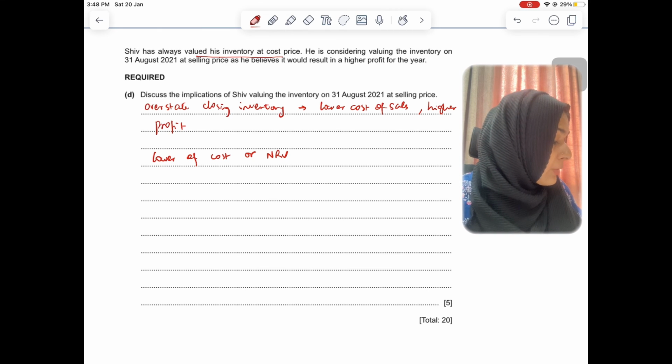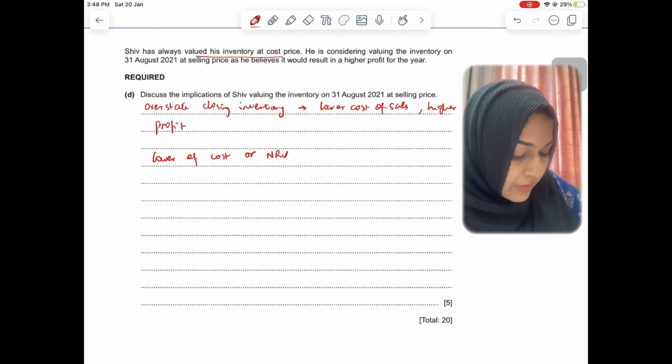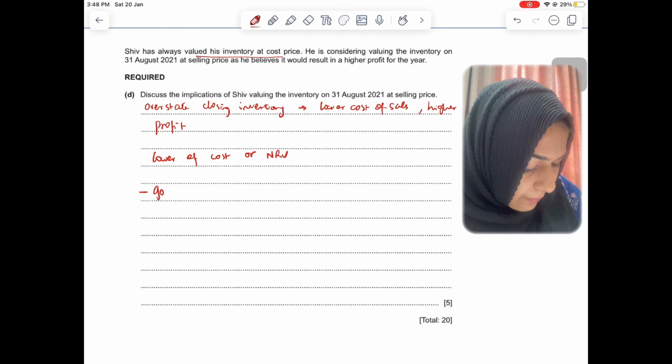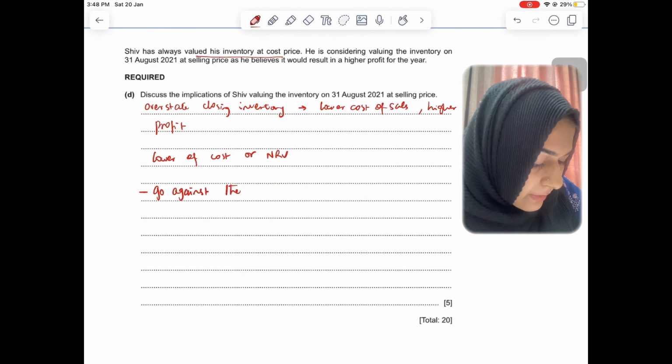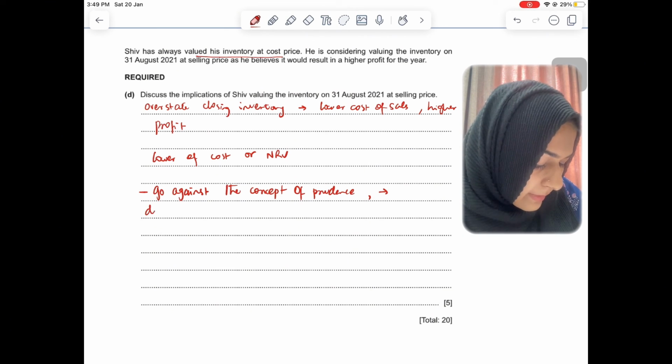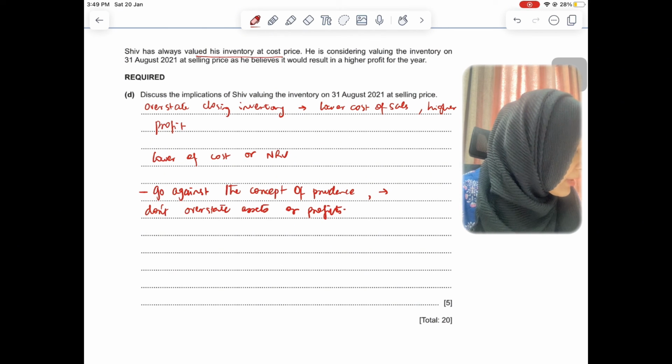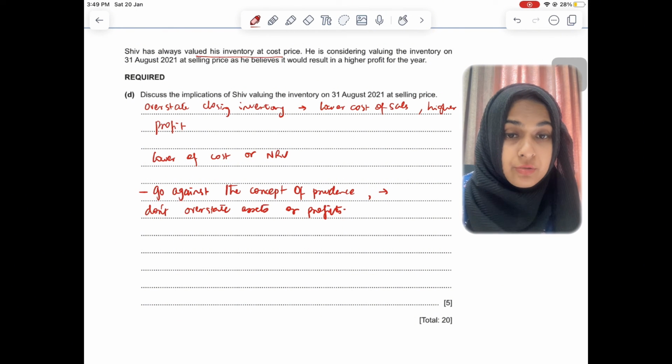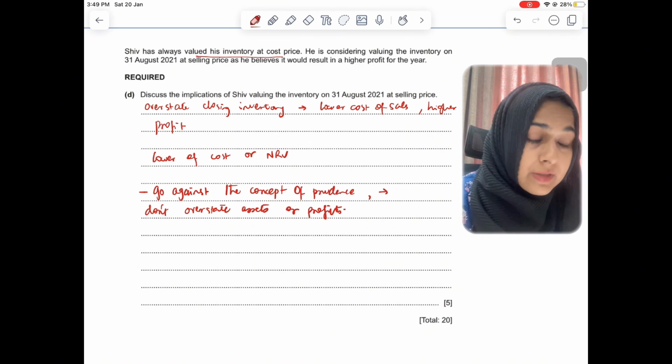So this will go against the concept of prudence, which says don't overstate profits, don't overstate assets. Also, the accounting records must show the true and fair picture of the business, which will not be shown here because assets and profits are overstated.